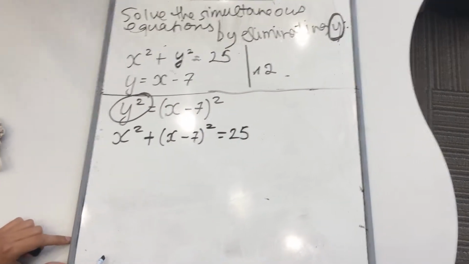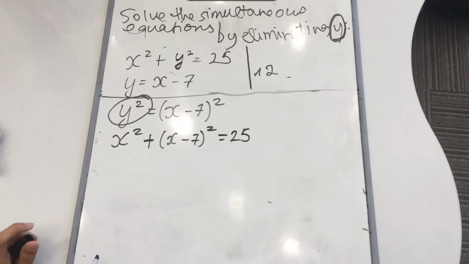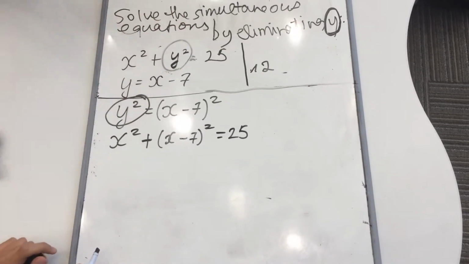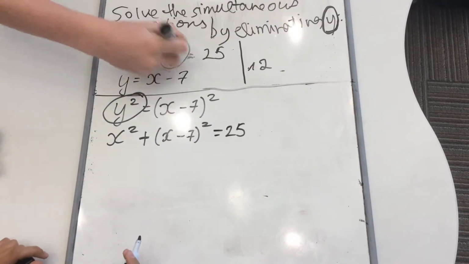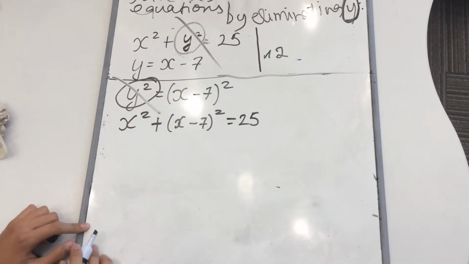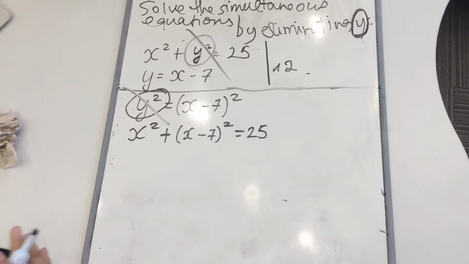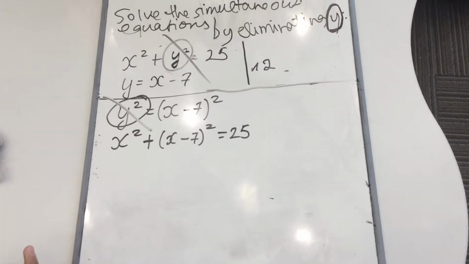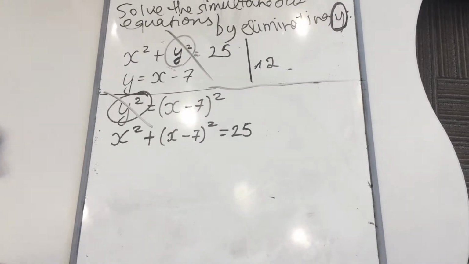The y squareds are gone because we had a y squared here and a y squared here, so we just replaced it. Now, since we have both x's on one side, we can solve the equation.